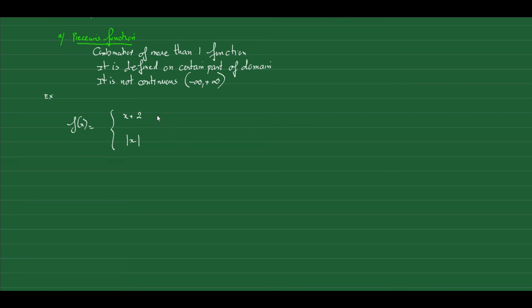This one is defined when x is greater than or equal to 3, and this is defined on x less than 3. This inequality right here is called a subdomain.